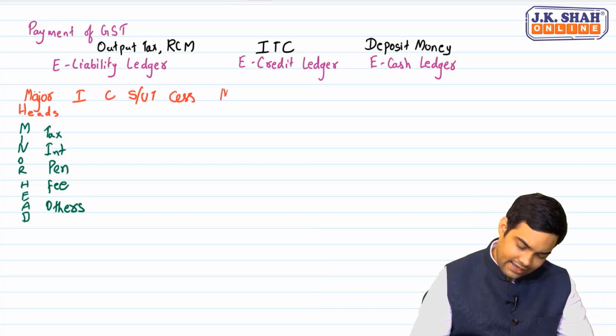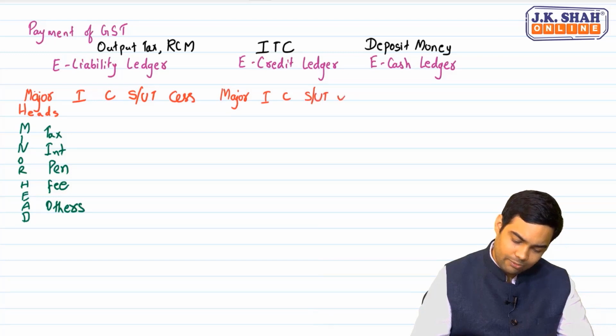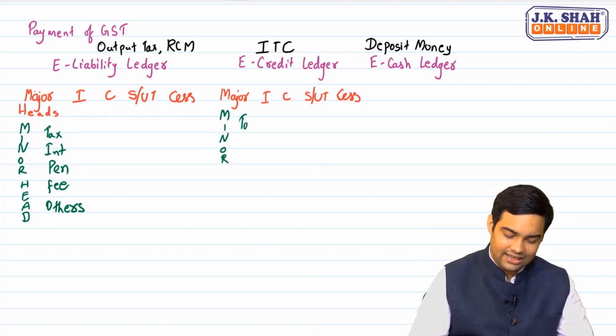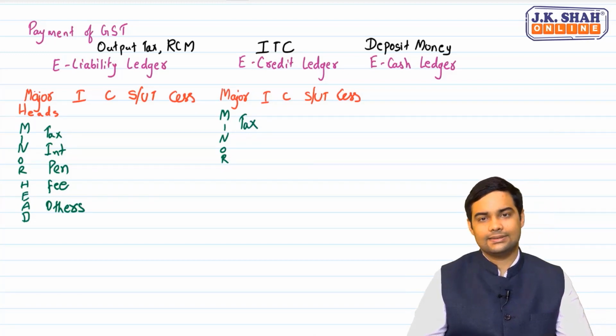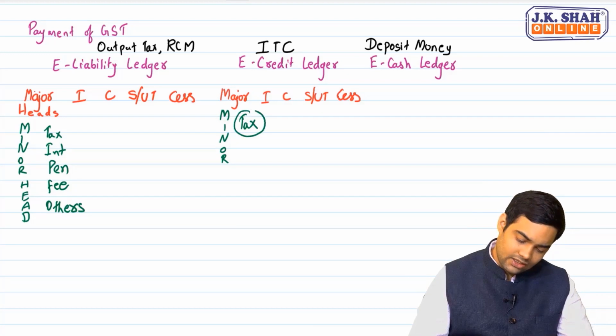E-credit has 4 major heads: I, C, SUT and compensation cess, and minor head only 1. Why? Obviously you can take ITC only of tax. Now the question which arises is, can I use the ITC of tax to pay this liability of tax?